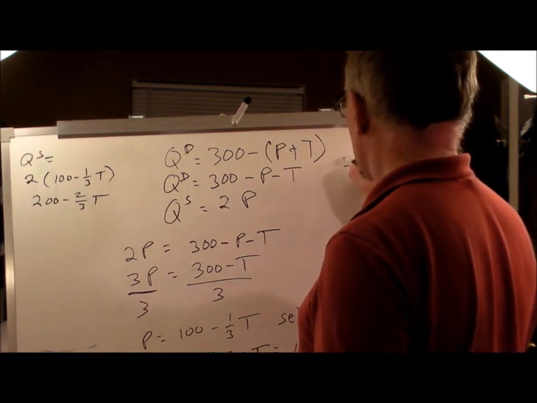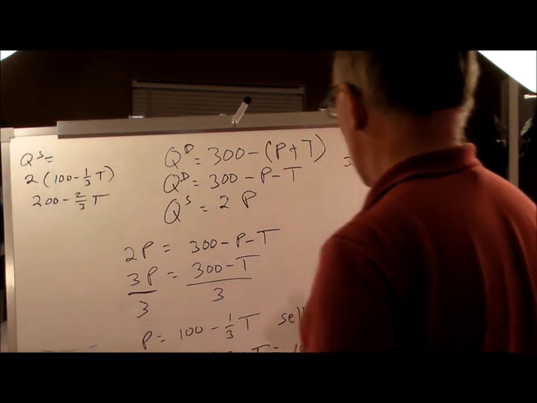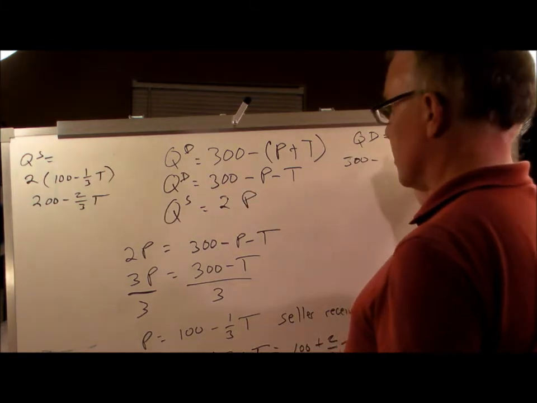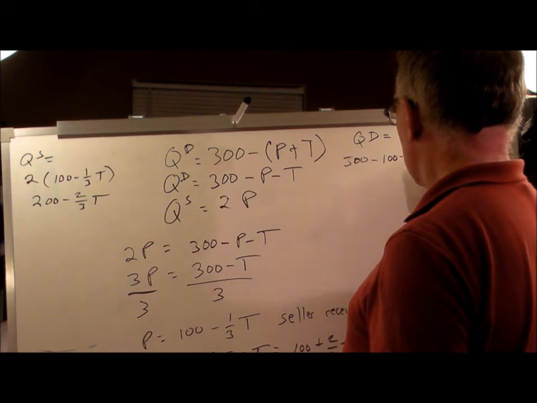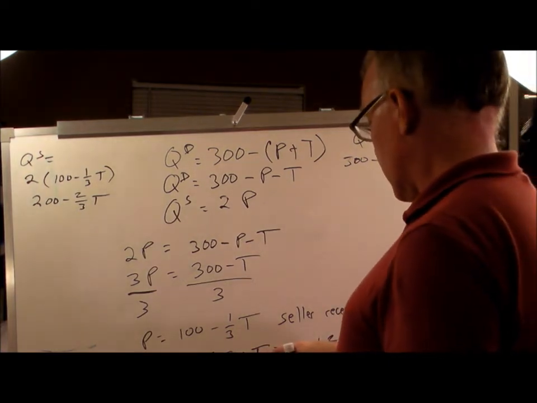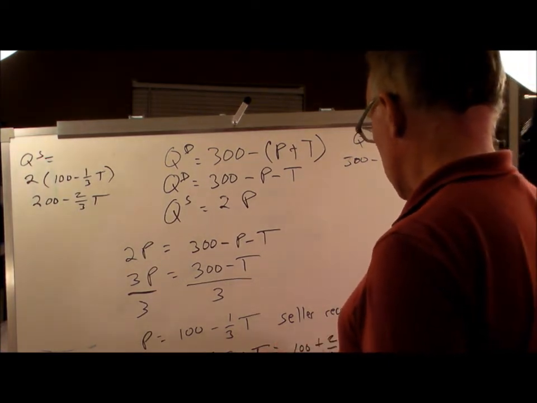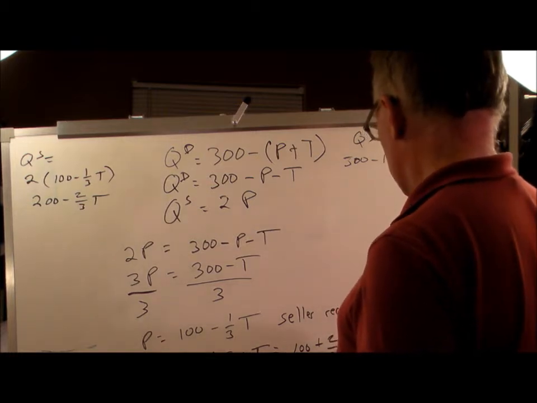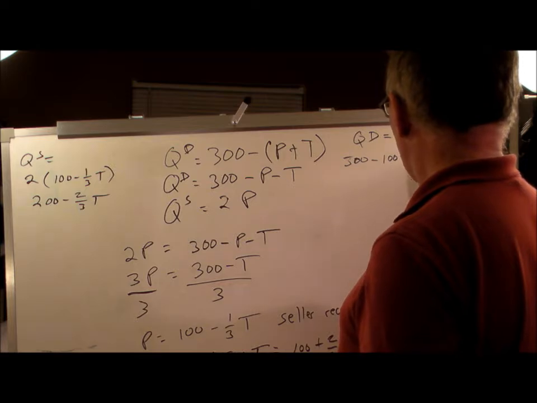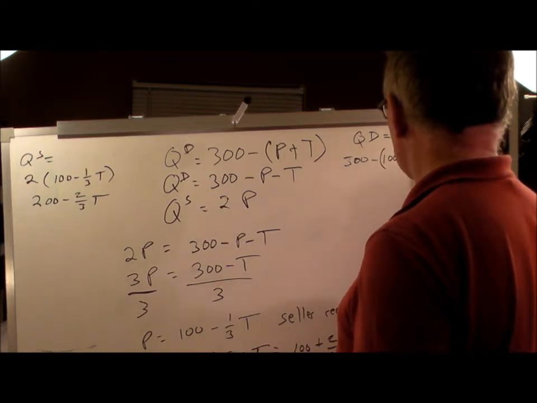300 minus P, which is of course 100 minus 1/3 T. Oh, actually, you know what? We have to add the T in here.